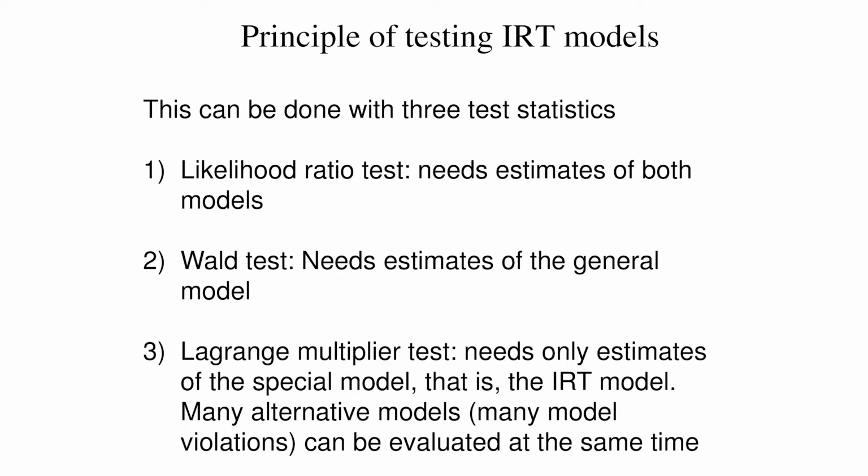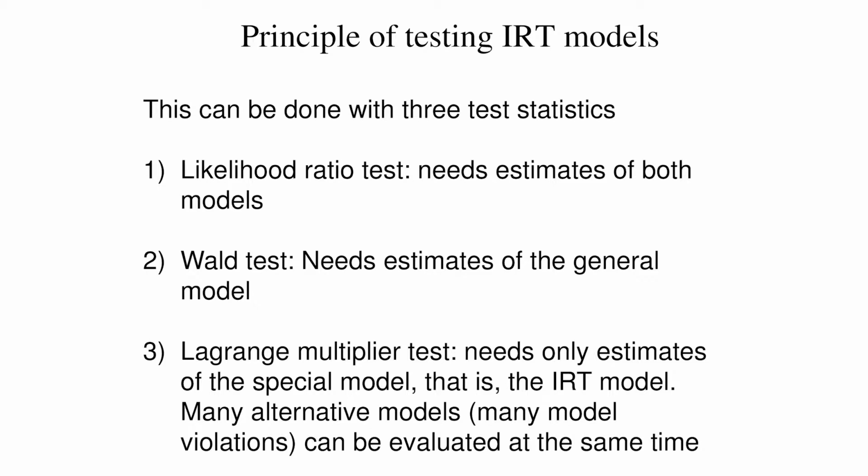Then in statistics we have three big families of test statistics that we can use, and we will go over them for IRT one at a time. First one are likelihood ratio tests.